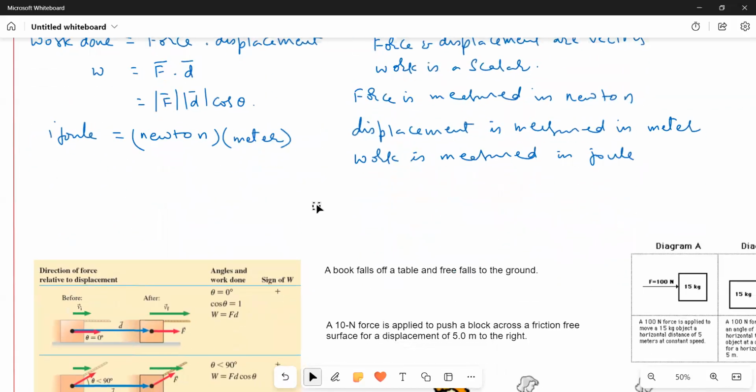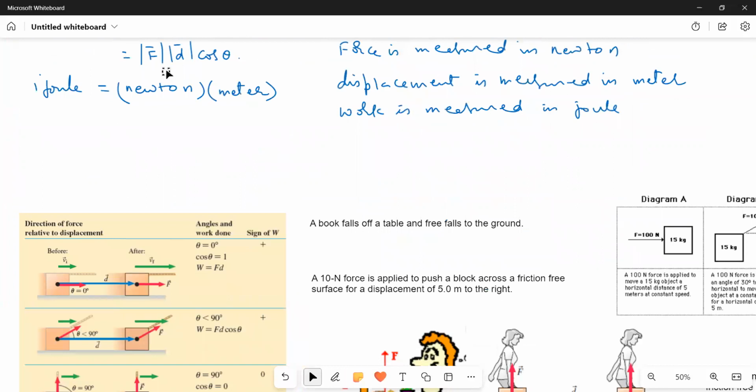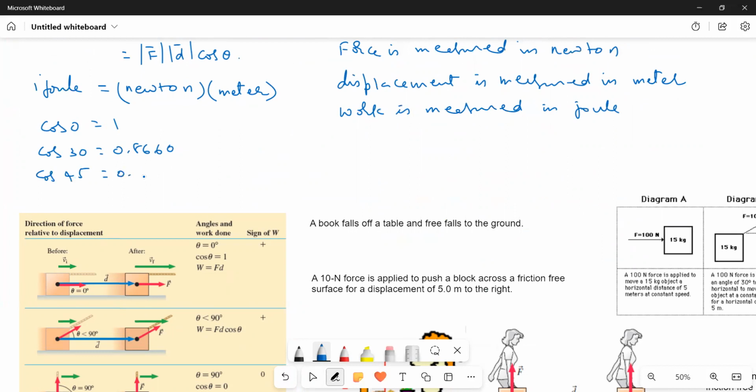Next, we will see the factors affecting the work. To do the work, there must be some force, the force should displace the object, and the angle should be 0, because here we are measuring the cos of the angle. Cos 0 is equal to 1, cos 30 is 0.8660, cos 45 is 0.7071, cos 60 is 0.5, and cos 90 is 0.